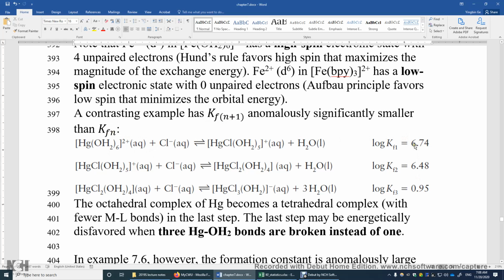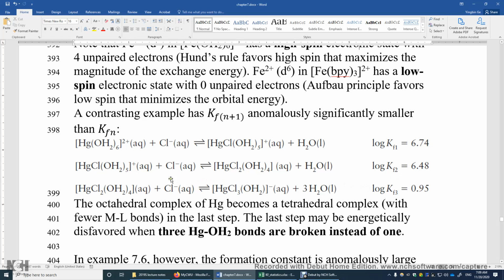So in this case, if you look at these 3 consecutive formation constants, from 10 to the power of 6.7, 10 to the power of 6.48, now to 10 to the power of 0.95. If you compare these two formation constants, their logarithms differ by roughly 6. That means these two formation constants differ by a factor of nearly 1 million. That's a lot. So why is that?